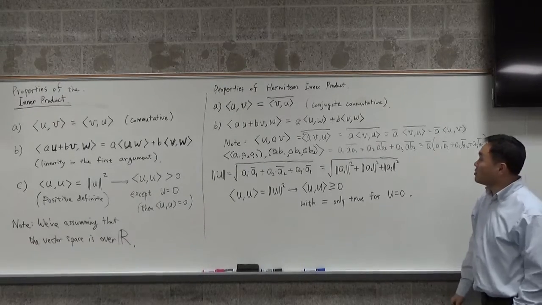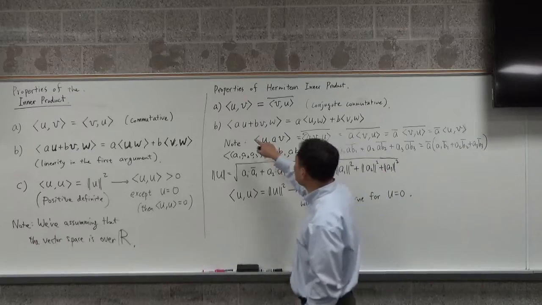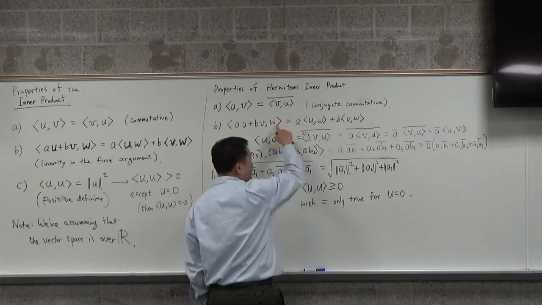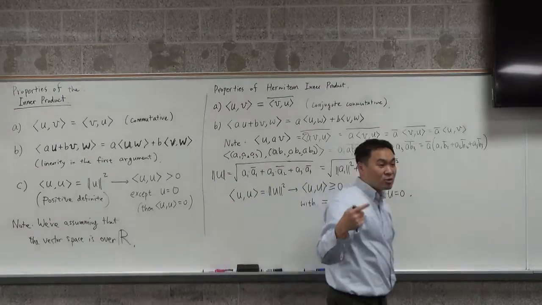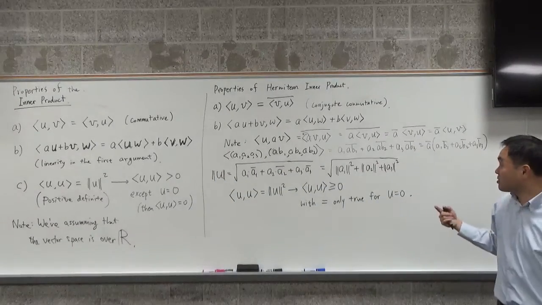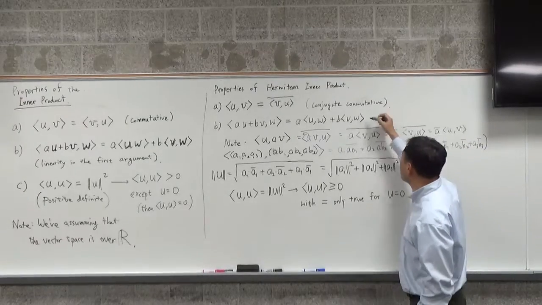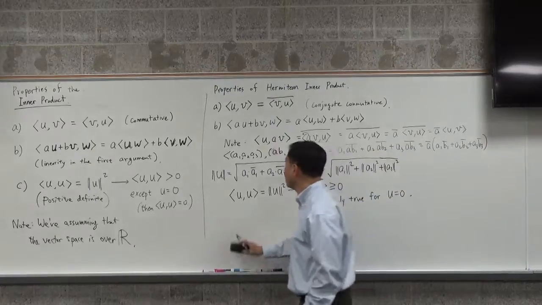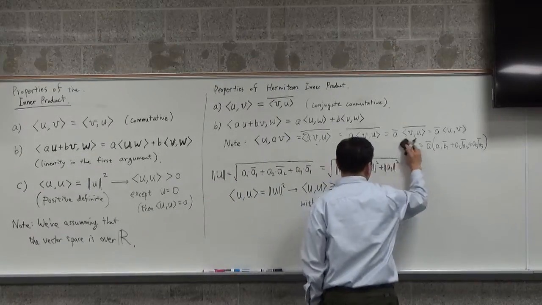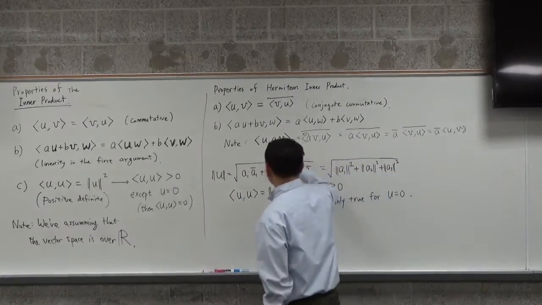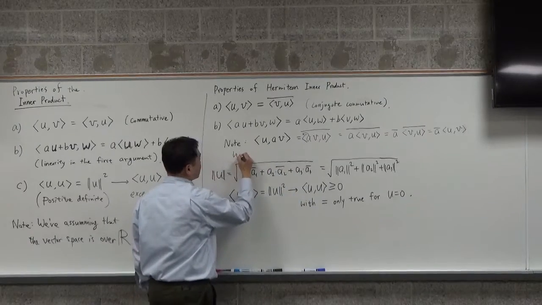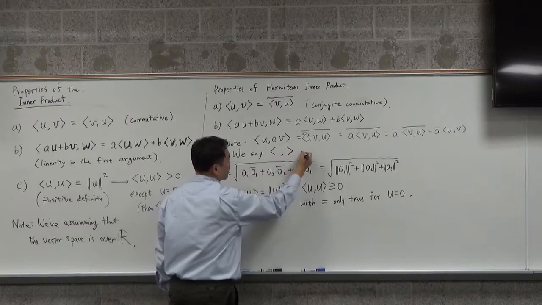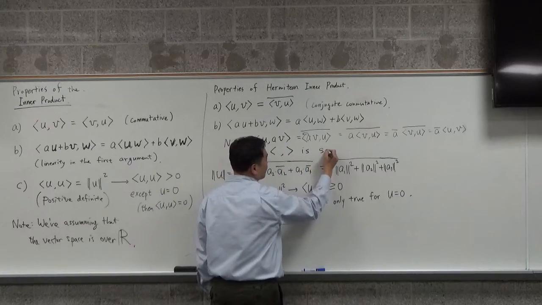So, because it's only linear in the first component, but in the second one, there's a conjugate linearity happening in the second one, we say this Hermitian inner product is sesquilinear.